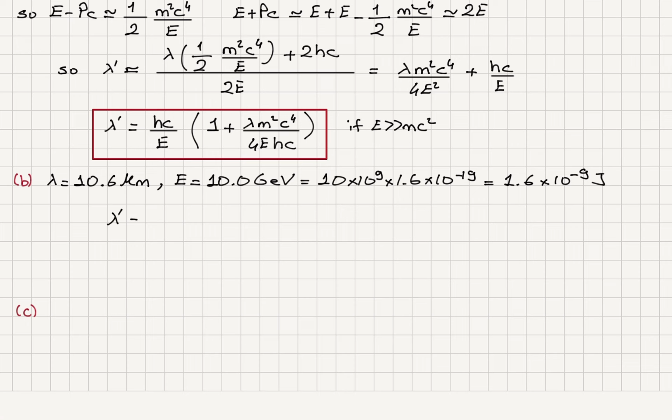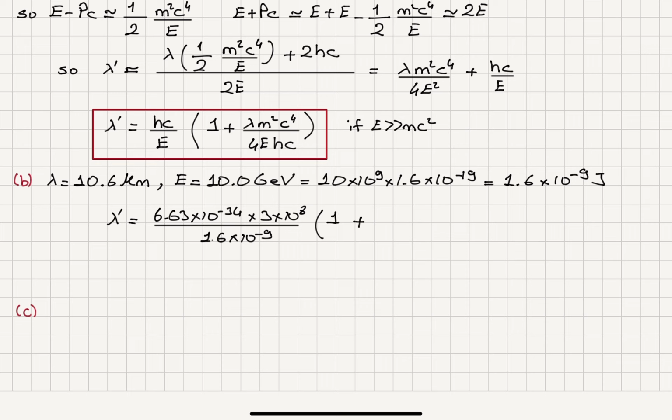So lambda prime is equal to hc over E: 6.63 times 10 to the minus 34 joule seconds, Planck's constant, times 3 times 10 to the 8 meters per second, the speed of light, divided by 1.6 times 10 to the minus 9 joules, multiplied by 1 plus lambda, 10.6 times 10 to the minus 6 meters, times m squared, 9.11 times 10 to the minus 31 kilograms, the rest mass of the electron, times c to the fourth power, (3 times 10 to the 8) to the fourth power, divided by 4Ehc.